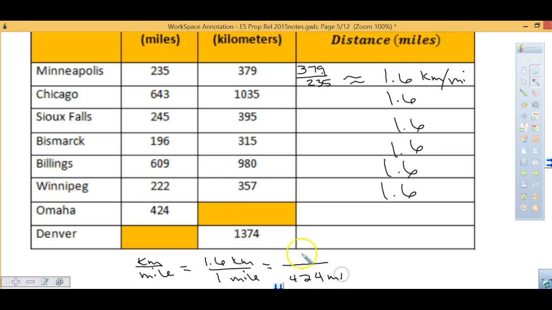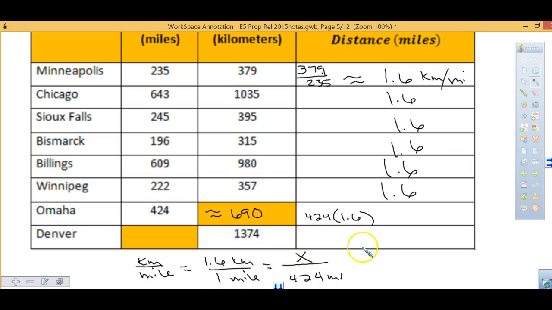That's my miles. And this is going to be what I don't know, x. So how am I going to solve this? Well, what do I take times 1 to get 424? I multiply it by 424. We are going to take 424 times 1.6 to get our answer. So please put that in your calculator. And as you do that, you get about 690. And that is how we're solving for that one.